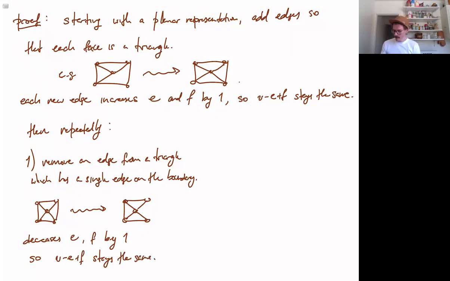And the other thing we can do is remove a vertex from a triangle with two edges on the boundary.